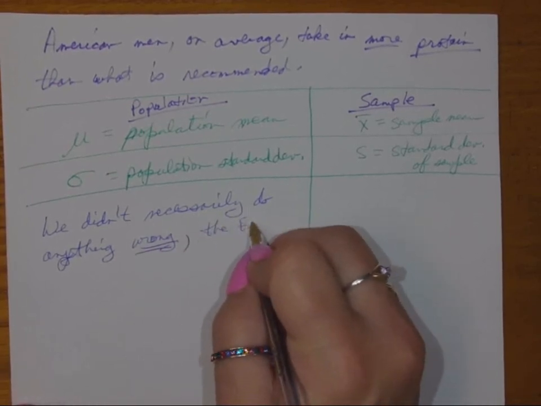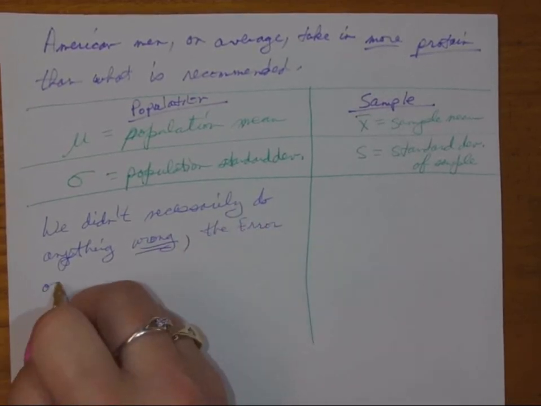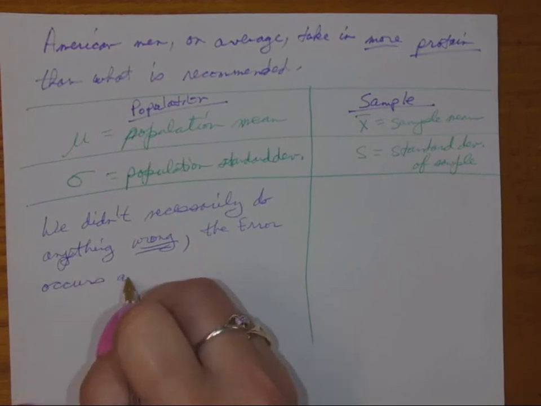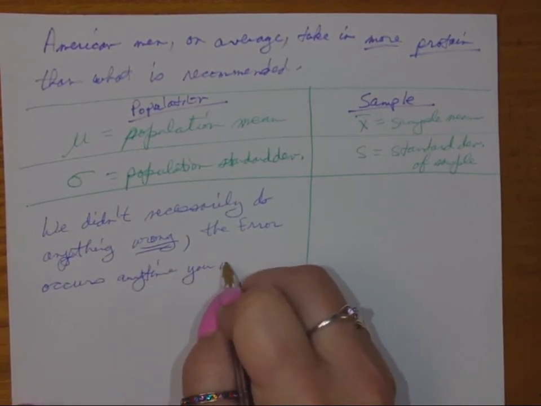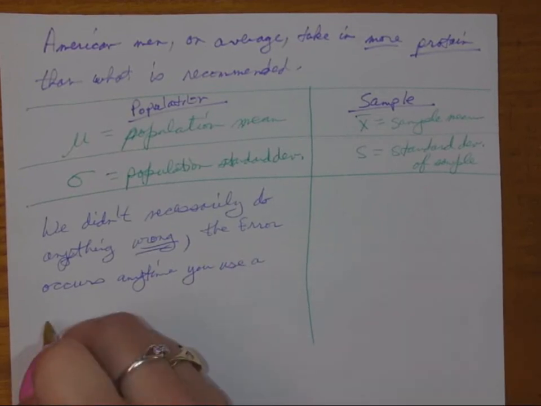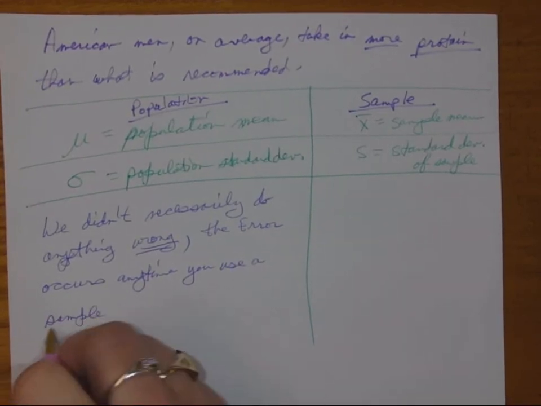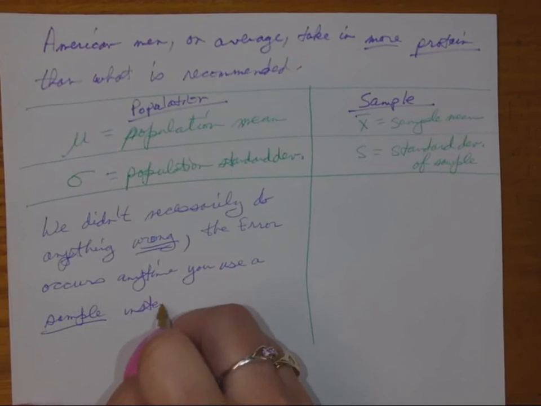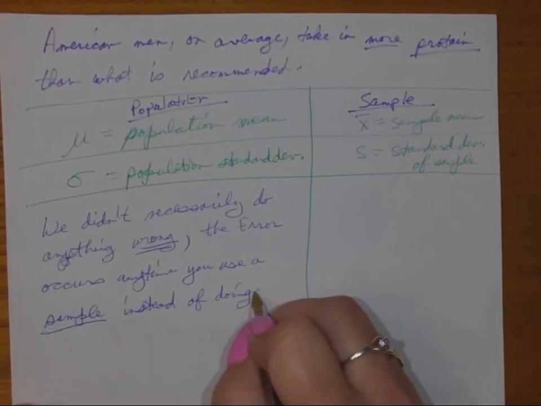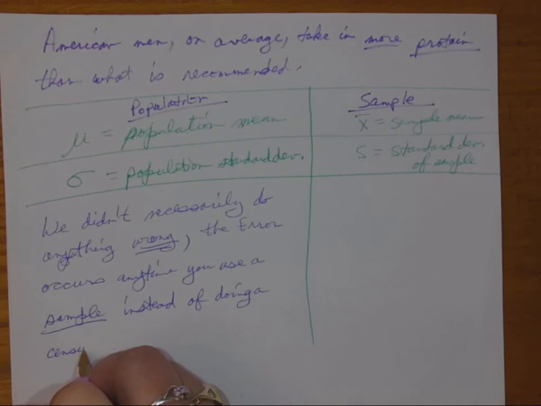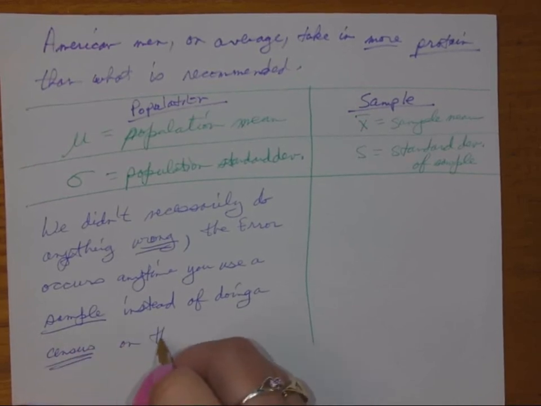The error occurs anytime you use a sample instead of doing a census on the population.